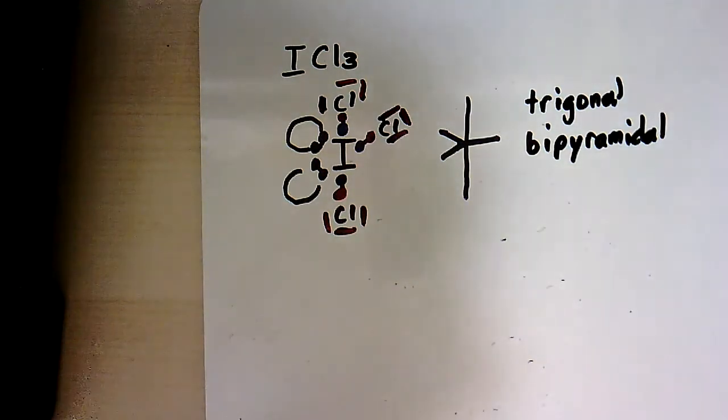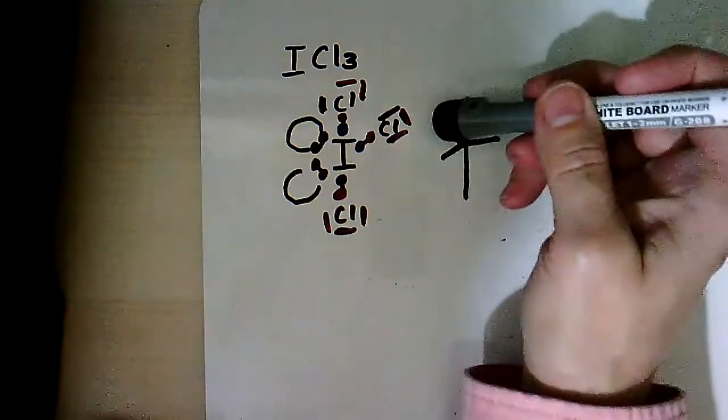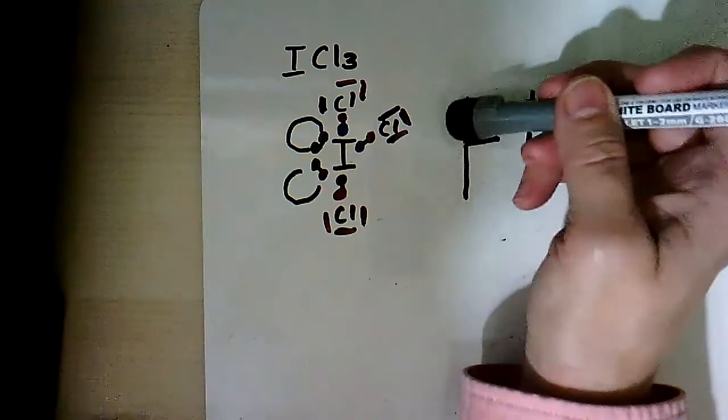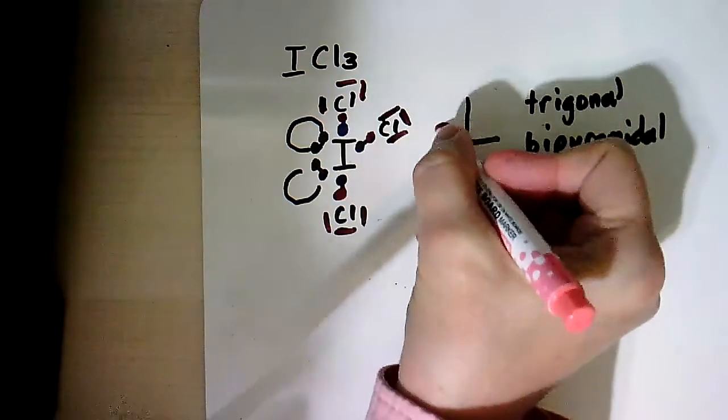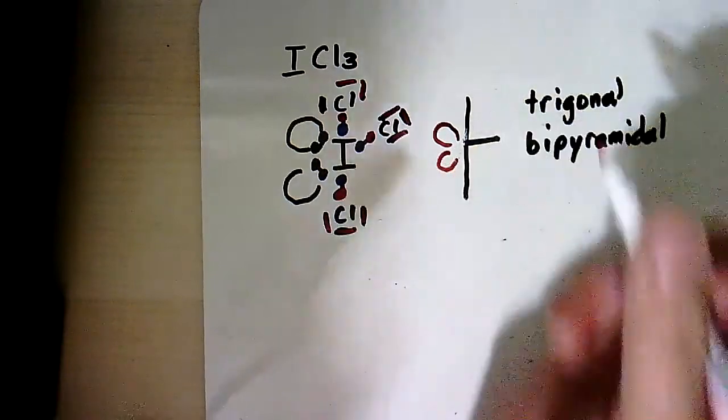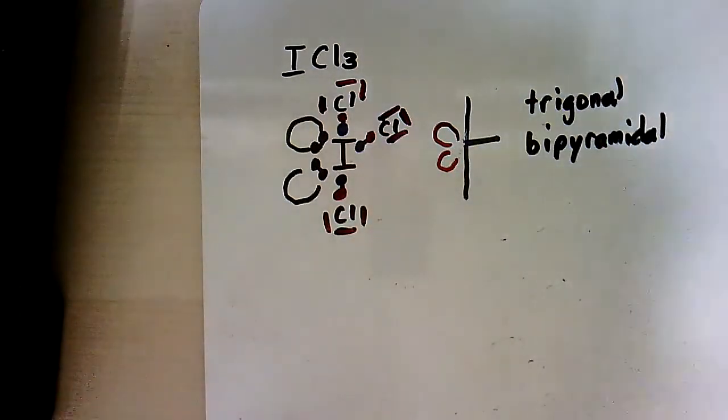But what about the shape? Well, again, this shape is best understood if we first erase the positions occupied by the lone pairs. We'll put them back, but we'll put them in this sort of pink color. And then we turn the shape on its side.